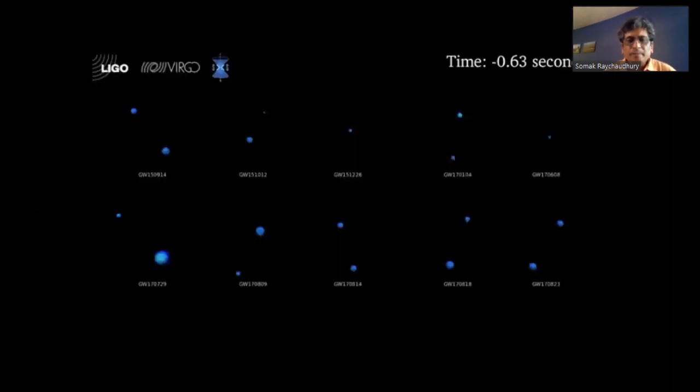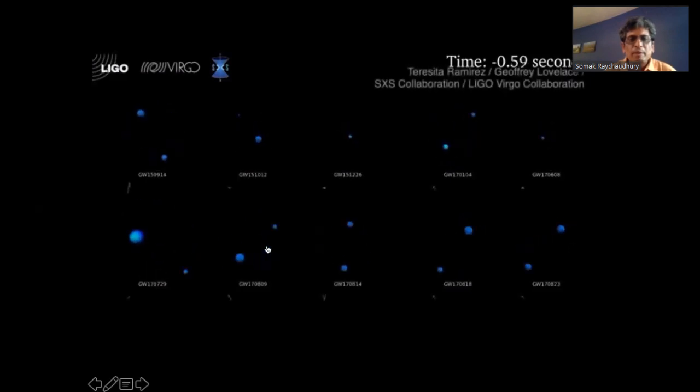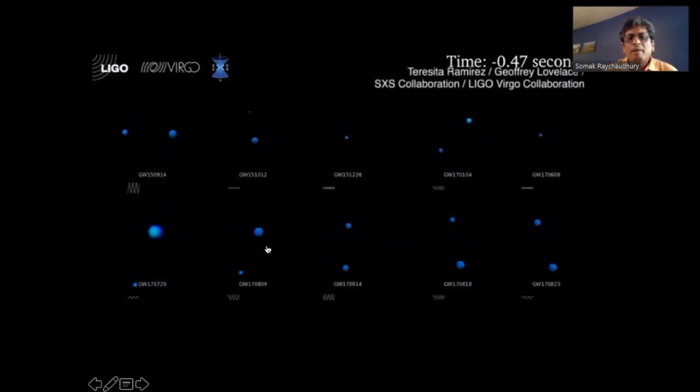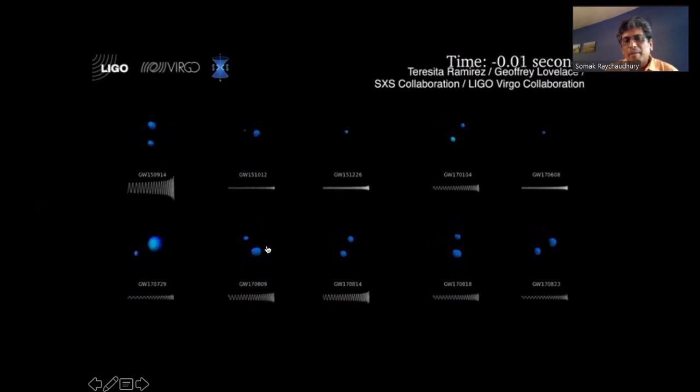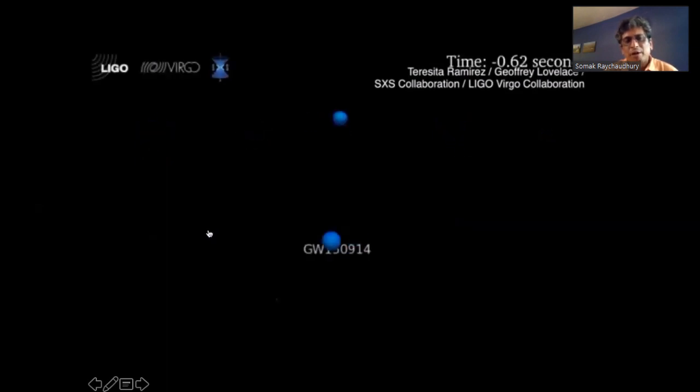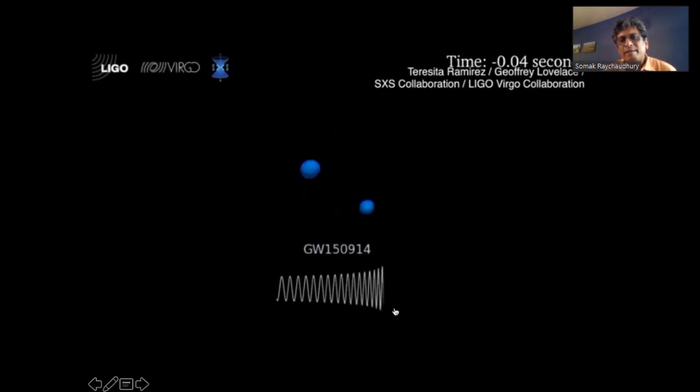And I don't know whether this will work, but if it works, it'll show you now various black hole pairs that have now been discovered by the LIGO and Virgo collaboration. And I'll play this for about 2 minutes to show you the different kinds of black hole pairs and the resulting gravitational waves that have been discovered.